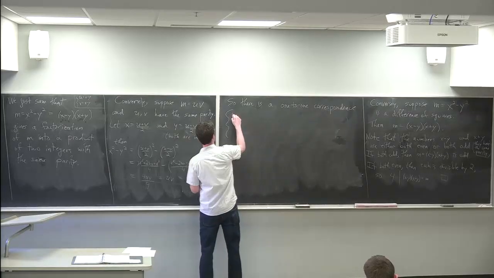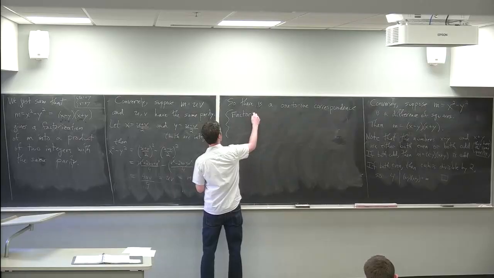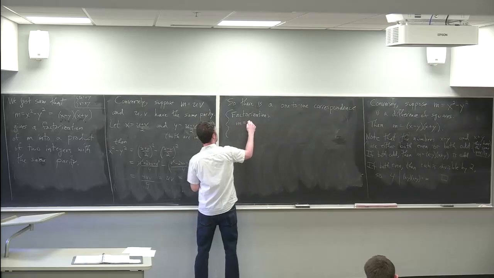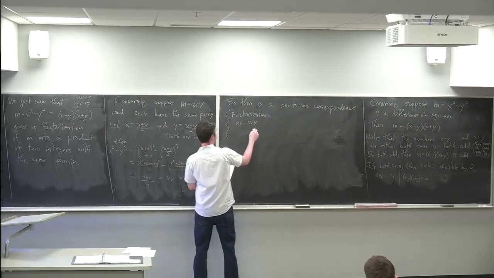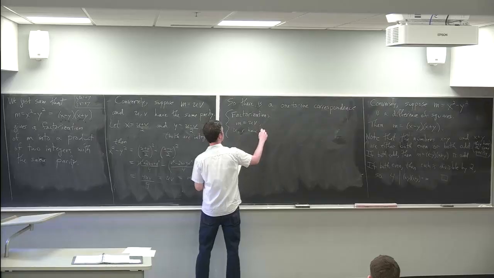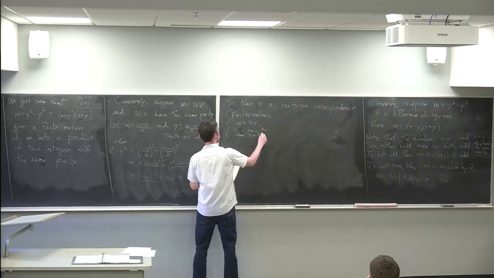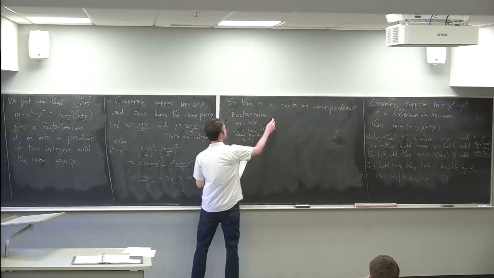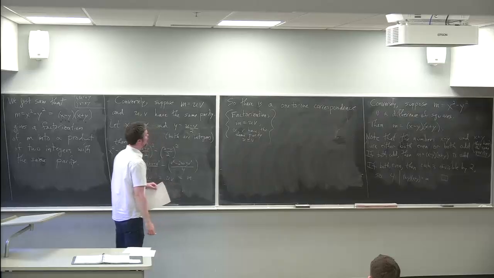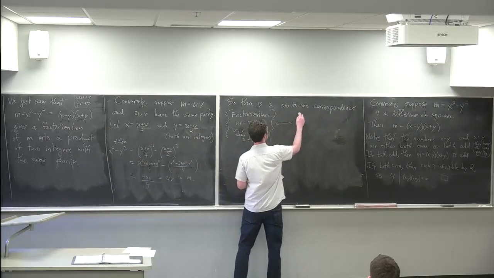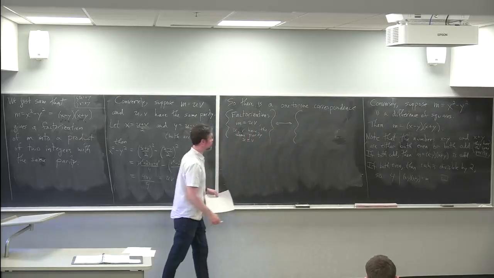On one side, you have all the factorizations of m into a product of two integers, say u and v, where u and v have the same parity. And we'll just tack on the condition that u is the bigger of the two, or maybe they're equal. And the ways to factor m in such a way is in one-to-one correspondence with the ways to write m as a difference of squares.